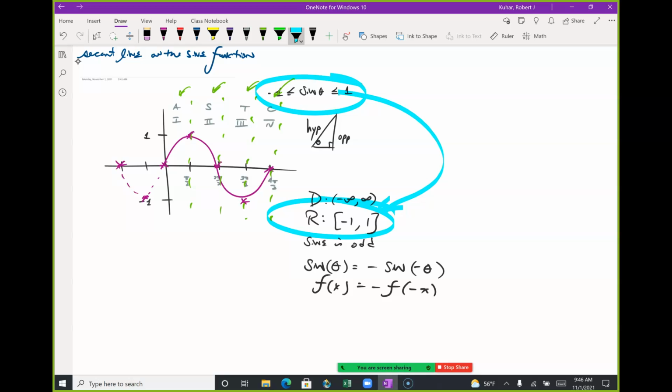You can see that sine goes at most to 1 and goes all the way down to negative 1. And again, it's about that ratio of opposite side to hypotenuse. Hypotenuse is the denominator, so that ratio can never be bigger than 1 because the hypotenuse is always the biggest side.